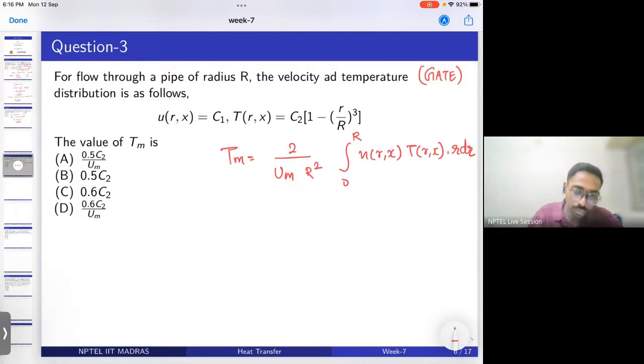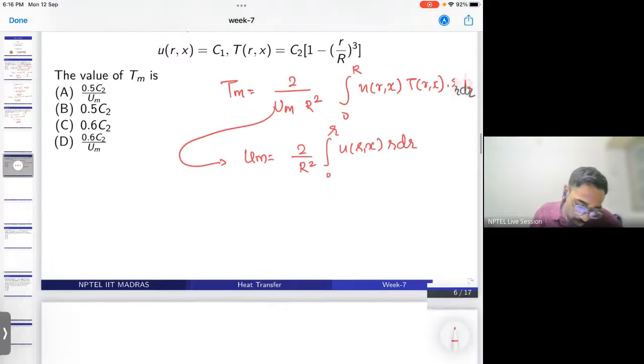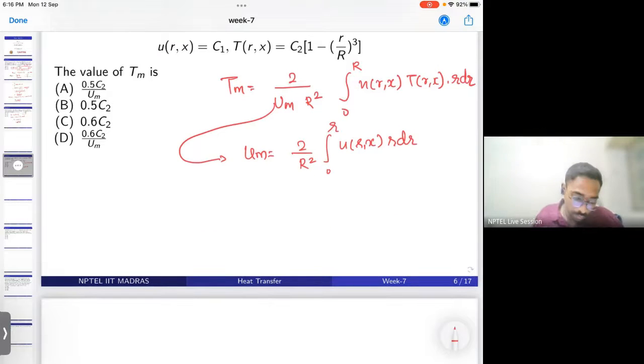So you just need to substitute these values, that's all. So u of r is given, T of r is given, but we need to find out um. Also we have another expression which is 2 by r square, integral 0 to r of u(r) r dr. First we need to calculate this, then only we can find out Tm.